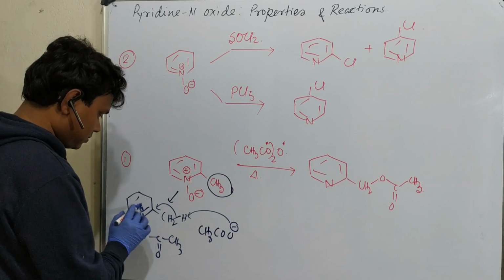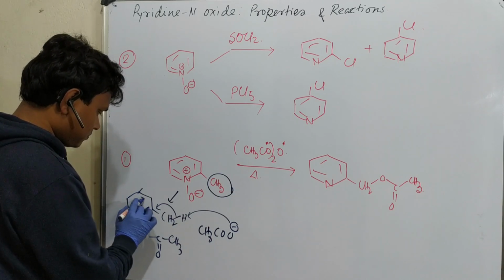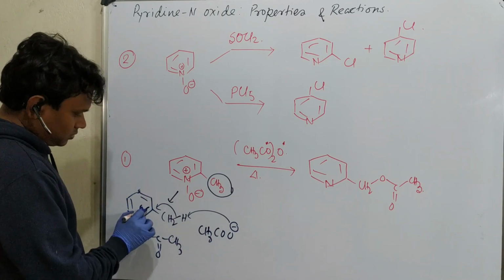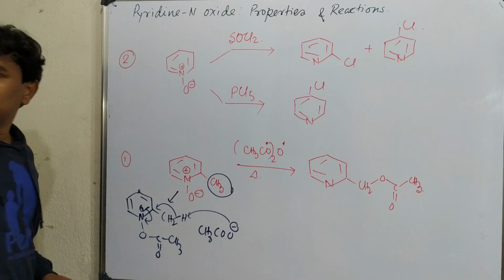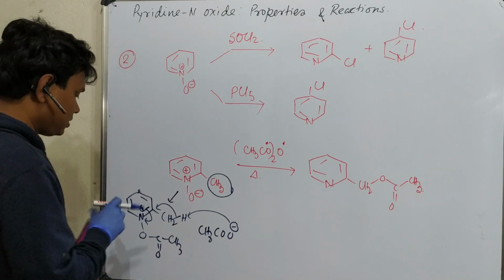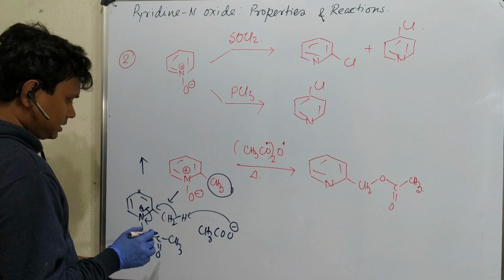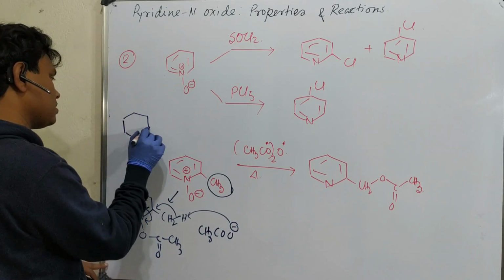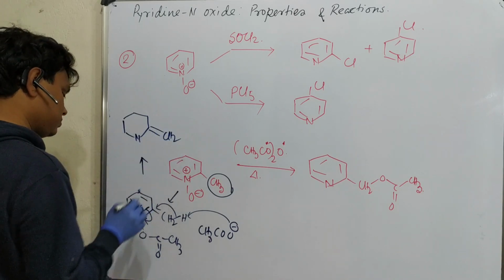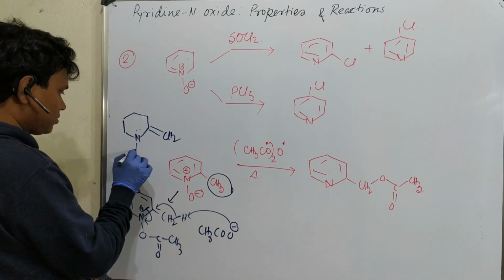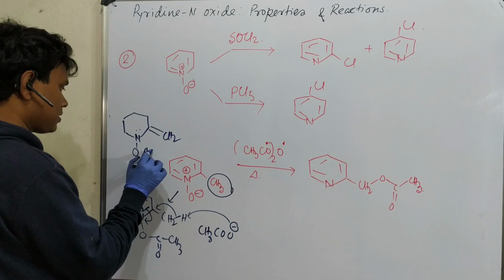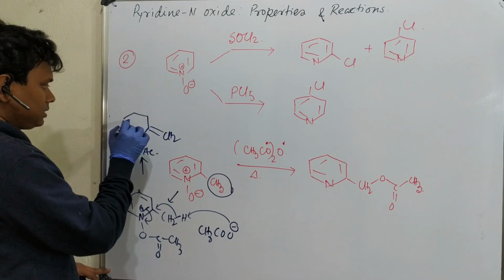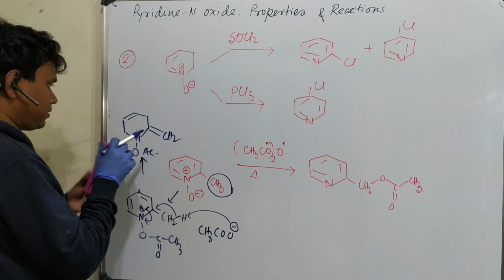Let's draw it in this way. So it will come here. So what will be the product? This will result in a double bond, CH2, this NOAc.